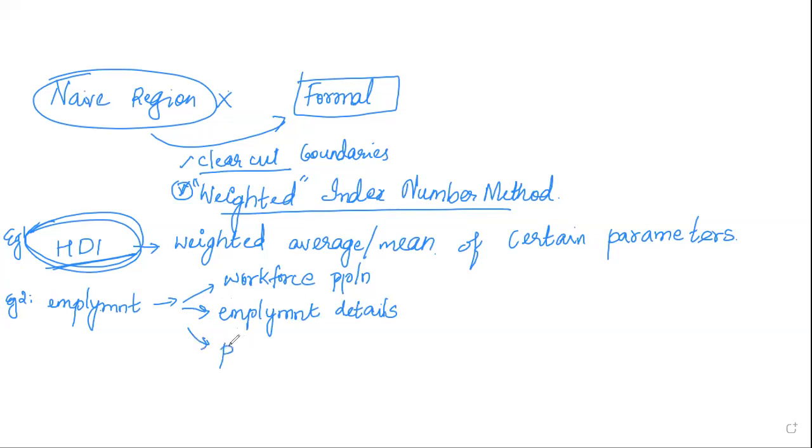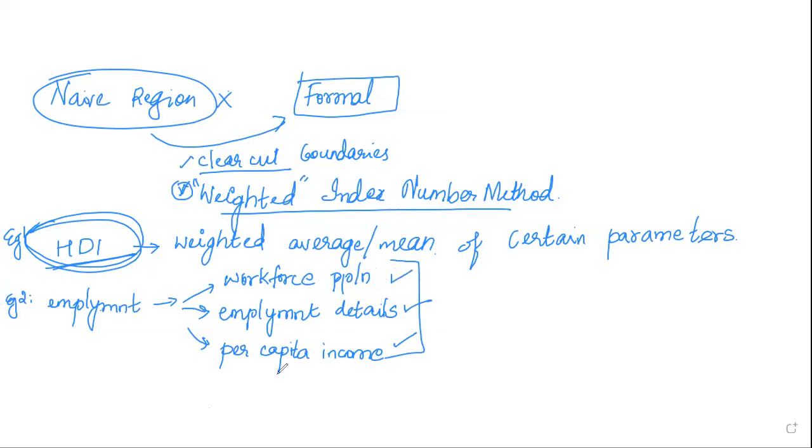And then I can take the per capita income levels. If the per capita income is high, I know a decent number of people are engaged in formal sectors. If I'm getting the employment details, I will know how many people are employed in formal sectors, because for informal sectors I cannot get the employment details as clearly.